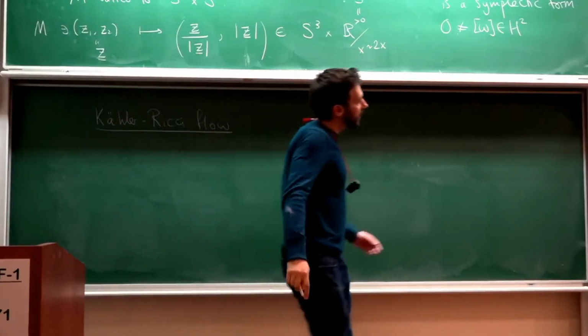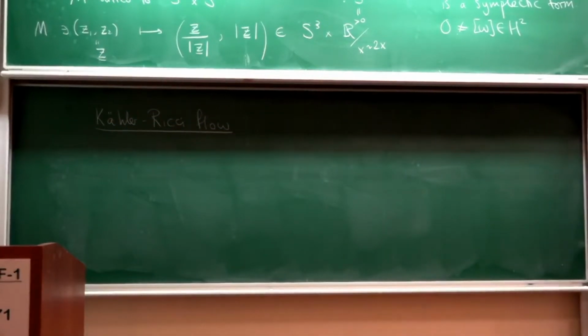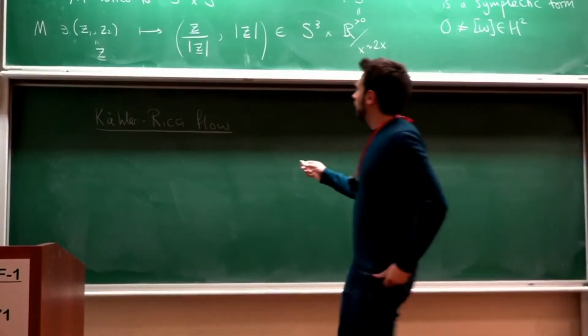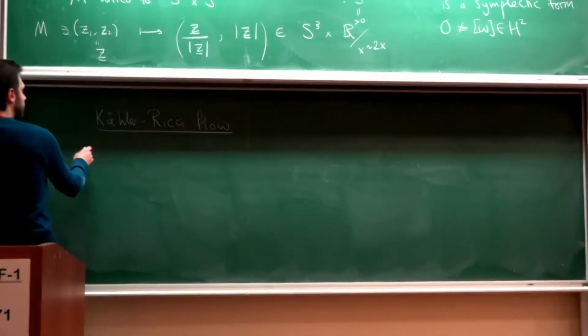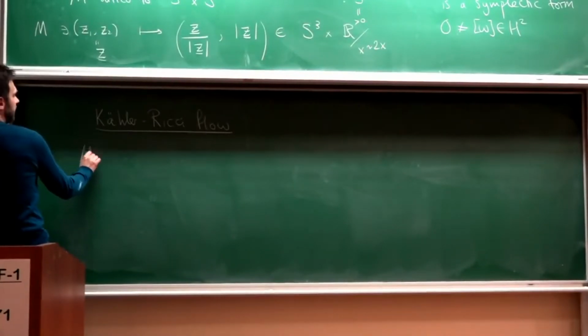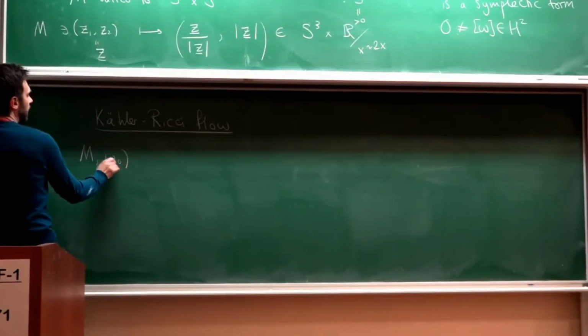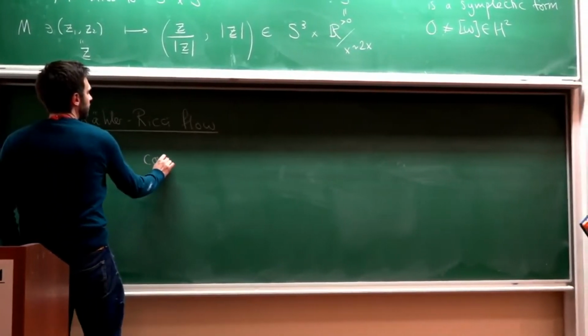Hopefully most of this is familiar stuff. So what is the Kähler-Ricci flow? Let's take (M, omega naught) now to be a compact Kähler manifold.